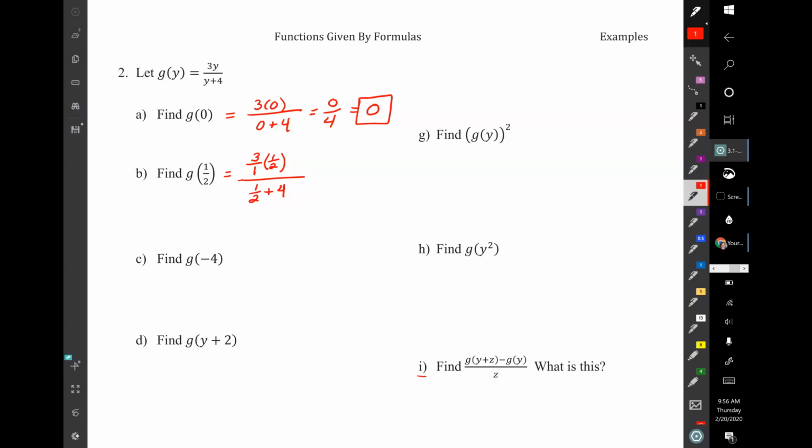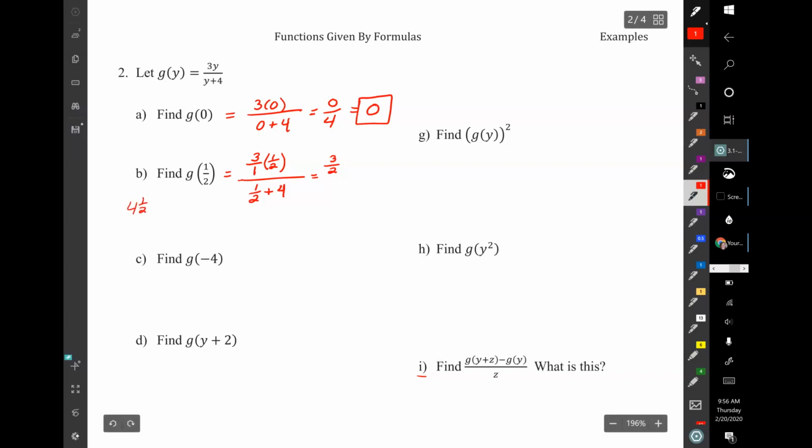Now I need to simplify. So I'm going to go ahead and multiply 3 times a half, which would give me 3 over 2 there. One quick way, there's a couple of different ways we could do this. You can do 4.5 pretty quickly. Just as an aside, a half plus 4 would be 4.5, right?